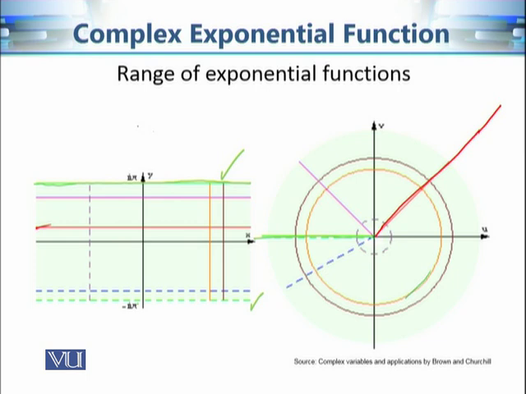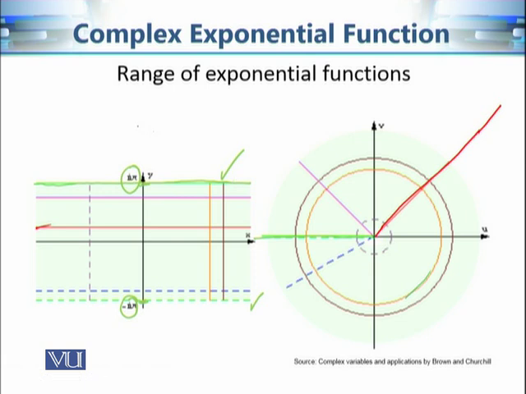Now if we see the difference between their imaginary parts, all of the points on this line have imaginary part minus pi, and all of the points on the other have imaginary part plus pi. So the difference between the imaginary parts of these two lines is equal to 2 pi.